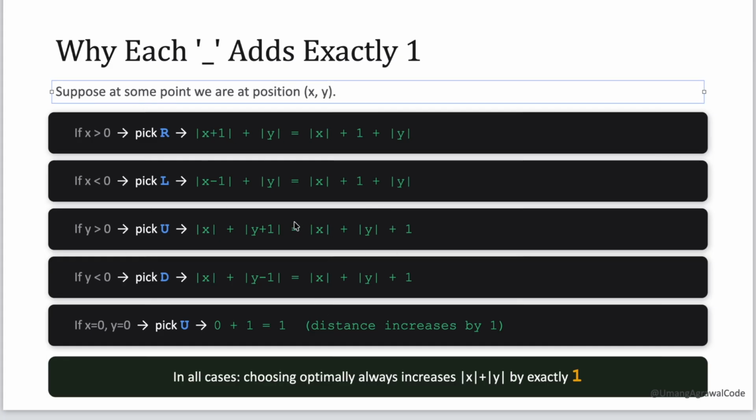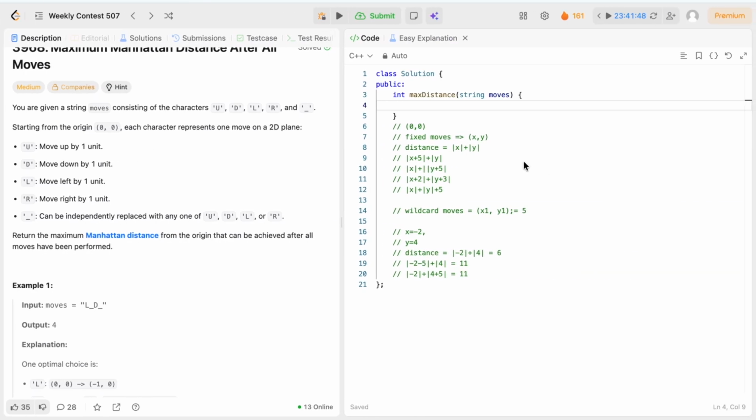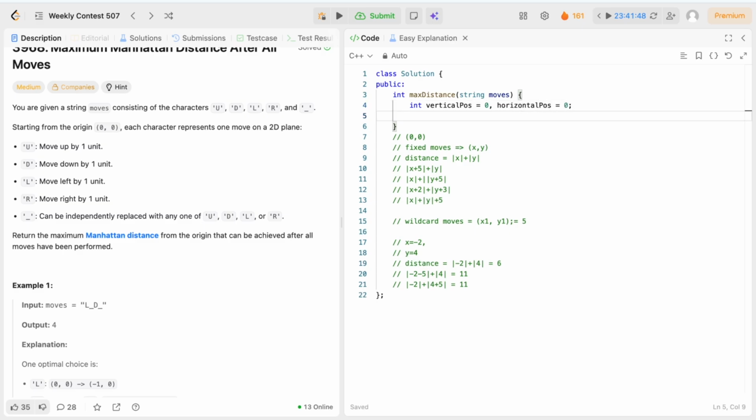You can pause the video to read it if you want. And we are going to write our code. So int vertical position equal to 0, since we are starting from the origin. Horizontal position equal to 0, again our origin.